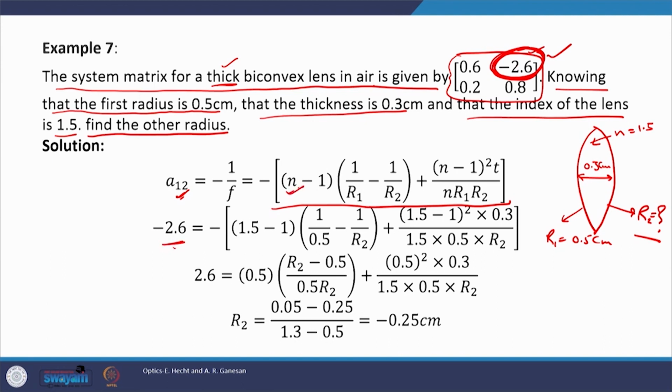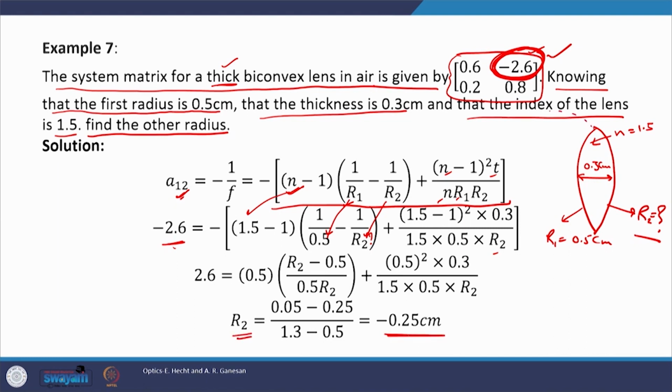We know the refractive index of the lens, 1.5, and R1 is known. R2 is not known, so we have to find it out. Substitute for n, t and R1, and let R2 sit as it is. If you solve it, it gives the value of R2 as minus 0.25.